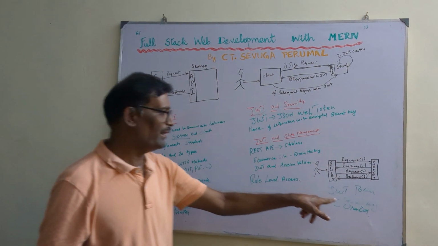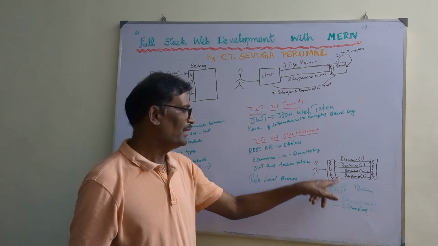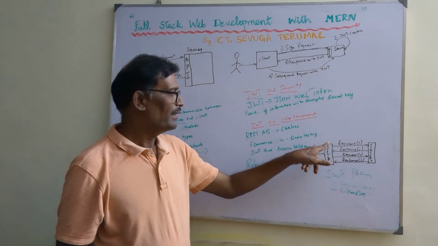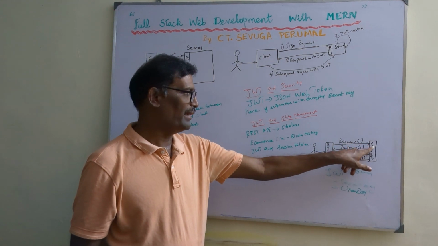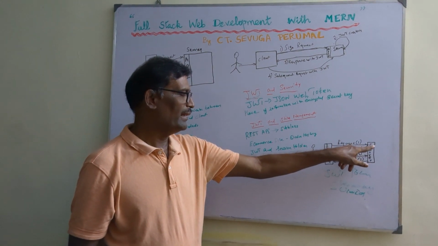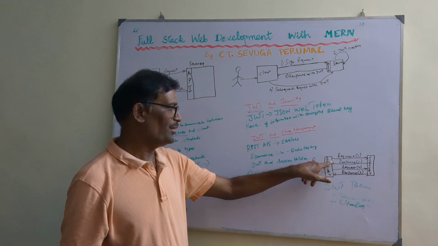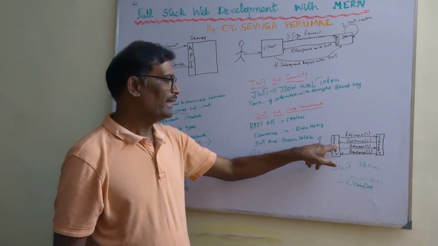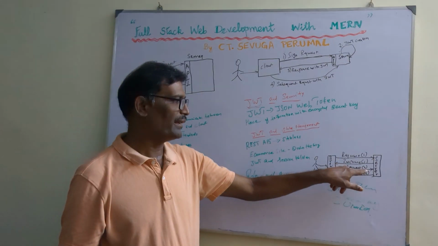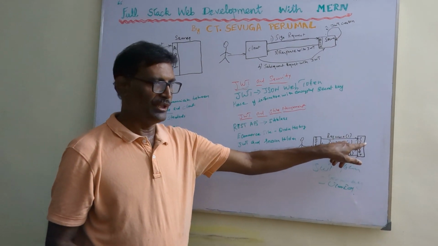Let us understand with an example. On an e-commerce site, the user logs in with his login credentials. Then he receives JWT information that contains the token and the user ID. Then he sends a request for his order history.